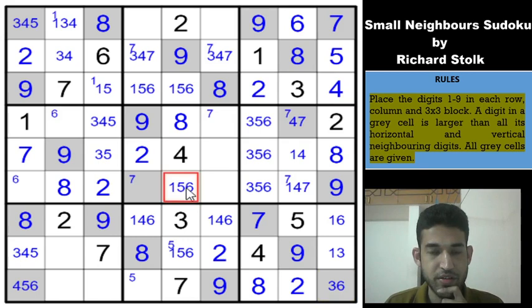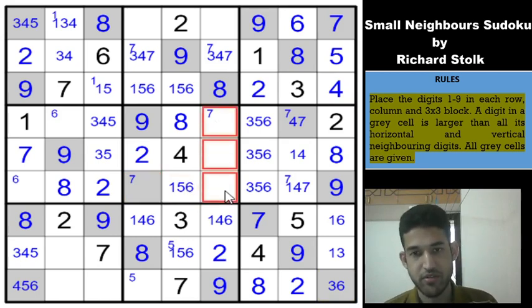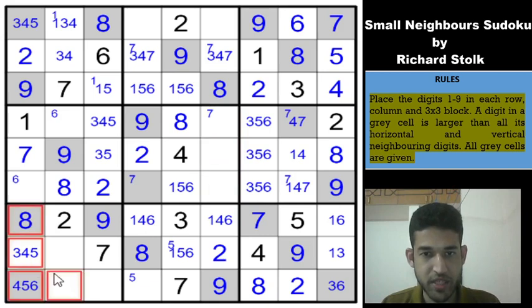So if this is a 6, then this becomes 7 and all these cells will be 1, 3, 5. Okay, no problem there. Okay, so in box 7, 6 has only 2 options, right? 6 cannot be here and 6 cannot be adjacent to a gray cell because 7, 8, 9 are placed.